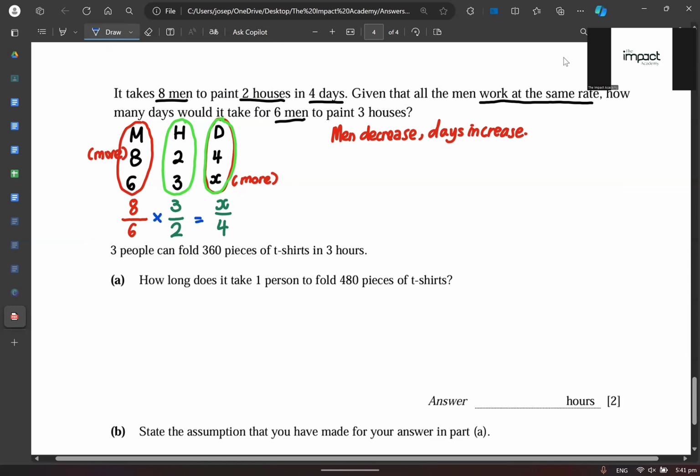You might in fact want to write out just to practice. More houses means days will be more. House more, days more. Let's write this down together.